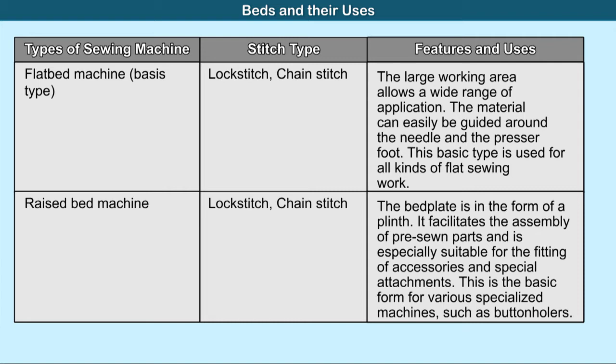Next bed type is the raised bed machine. Raised bed machines are also used with the stitch types of lock stitch and chain stitch. The features and uses of the raised bed machine: the bed plate is in the form of a plinth.